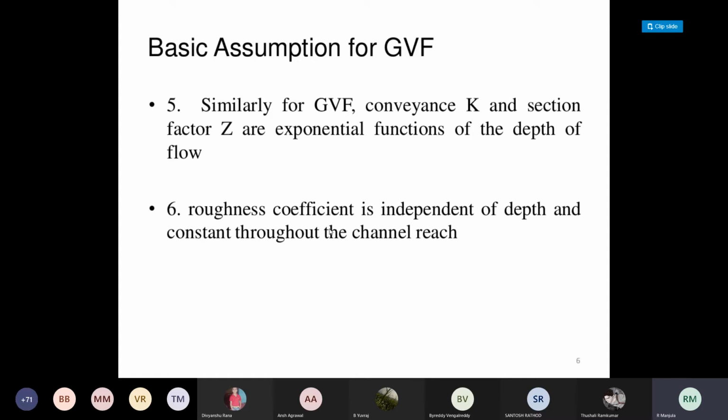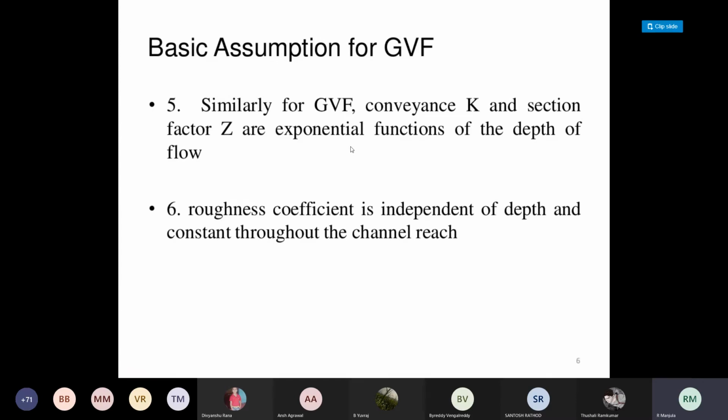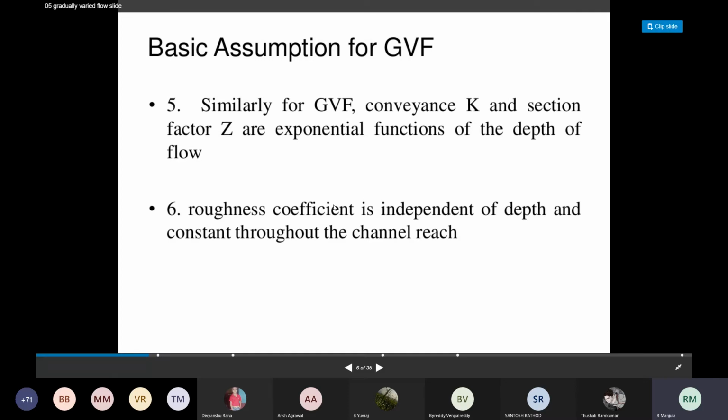We will discuss what conveyance is later, and the section factor is usually I by Y, the section modulus, when we come to the various channel cross sections. The roughness coefficient is independent of the depth and constant throughout the channel range.